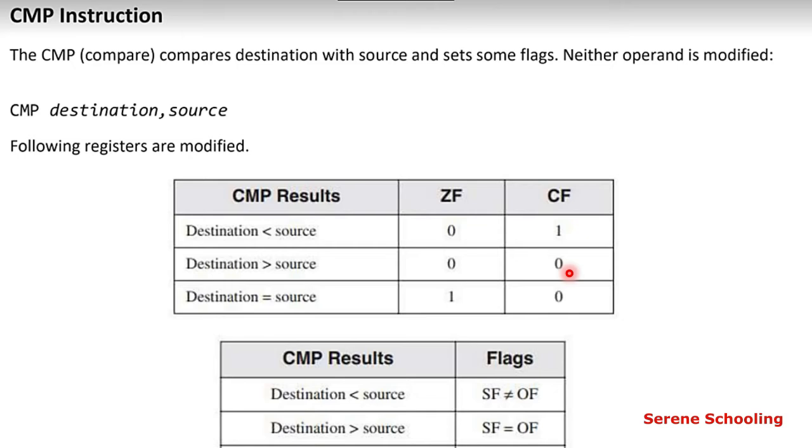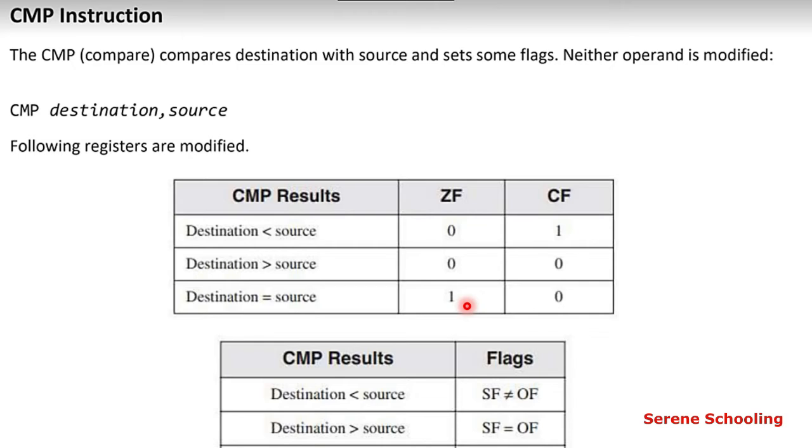Now when destination and source are both equal, then definitely the carry flag will not get activated, and the overflow flag will not get activated, because there is no overflow. But why is the zero flag getting activated? You have to remember that the zero flag acts something like an equal flag. Of course there is no equal flag, but it acts for equality also.